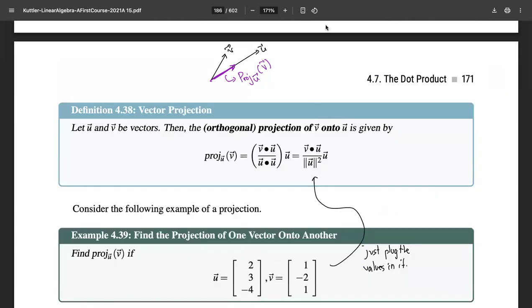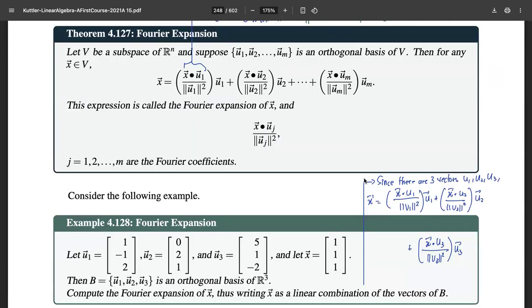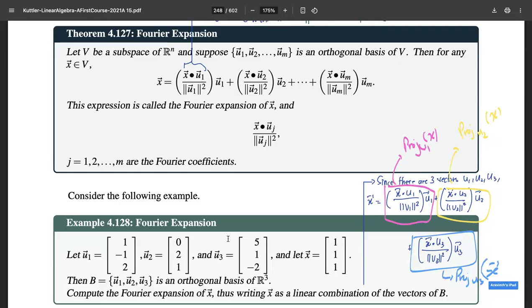This entire thing is the projection of x onto u1. Then we have the projection of x onto u2, and the projection of x onto u3. There are only three because there are only three vectors in the basis.